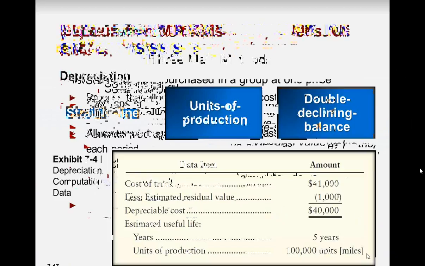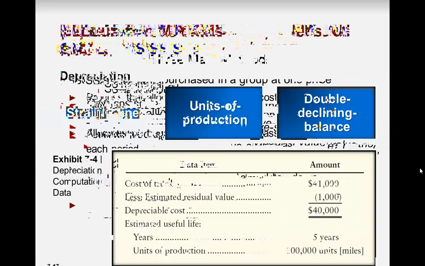So here's just a quick example, if you can see it. If not, I'll read it and you can probably rationalize how this works. If I have a truck that cost me $41,000 and I had a residual value of $1,000, that makes my depreciable cost $40,000. If I'm using straight line depreciation, its life would be measured in 5 years.